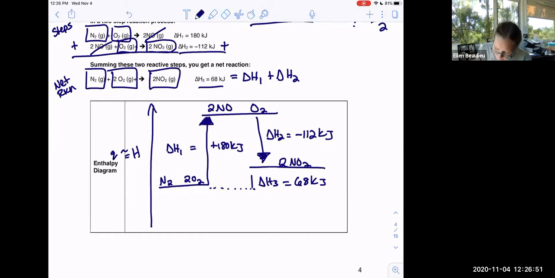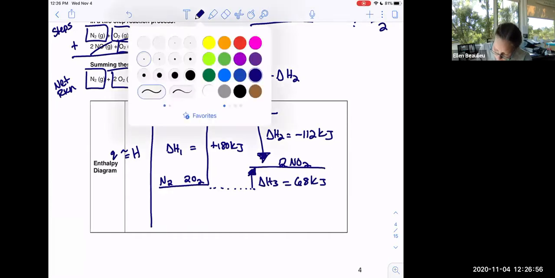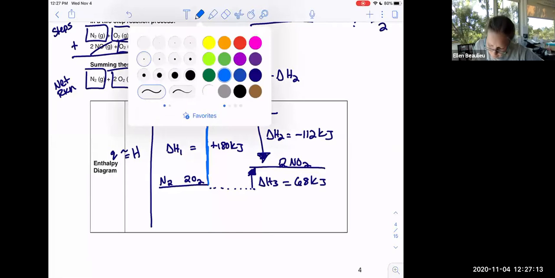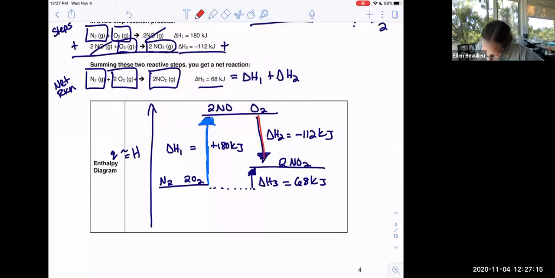Since I think these concepts are a little bit hard, I thought what I'd do is start to use colors to help you sort things out. And also remember, what does endothermic and exothermic mean? So this is an endothermic process. I get colder. I have to put energy in to make that occur. I have to go way uphill. When I form these new bonds, some energy is released. This is an exothermic process.